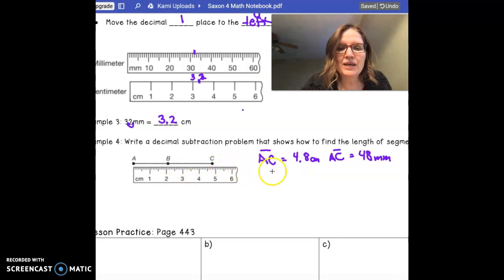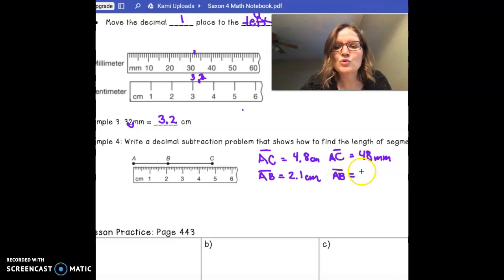Point AB looks like it is 2 1/10 of a centimeter, or we could say AB is 21 millimeters. Look at how small those are. Is that kind of crazy to think?